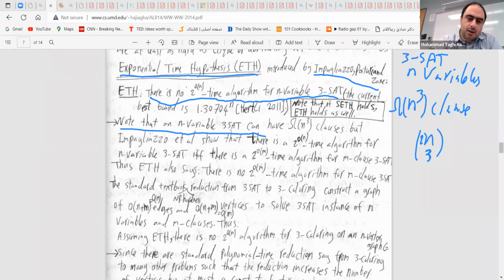However, Impagliazzo et al. showed that this is an if and only if. If there is a 2 to the little o of n time algorithm for n variable 3-SAT, then there is a 2 to the little o of n time algorithm for m clause 3-SAT, and vice versa.